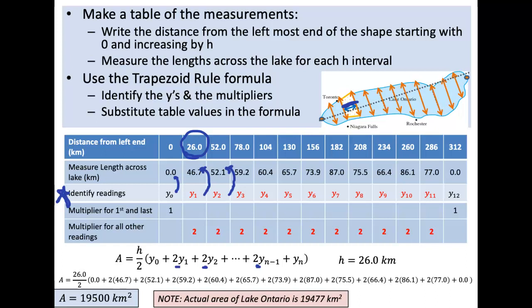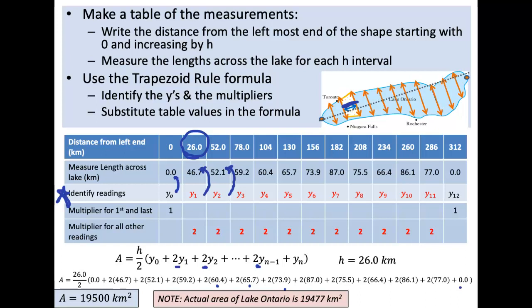So in this case, I hope you can read this down here. We've plugged in the numbers for this. 26 is the value of h over 2. And then we went back to our y sub 0, which is 0, 2 times our y sub 1. So that's 2 times 46.7, 2 times 52.1, and so on. We just kept plugging in, working across until we get all of those values in, and we get to the very last one, which is just 0.